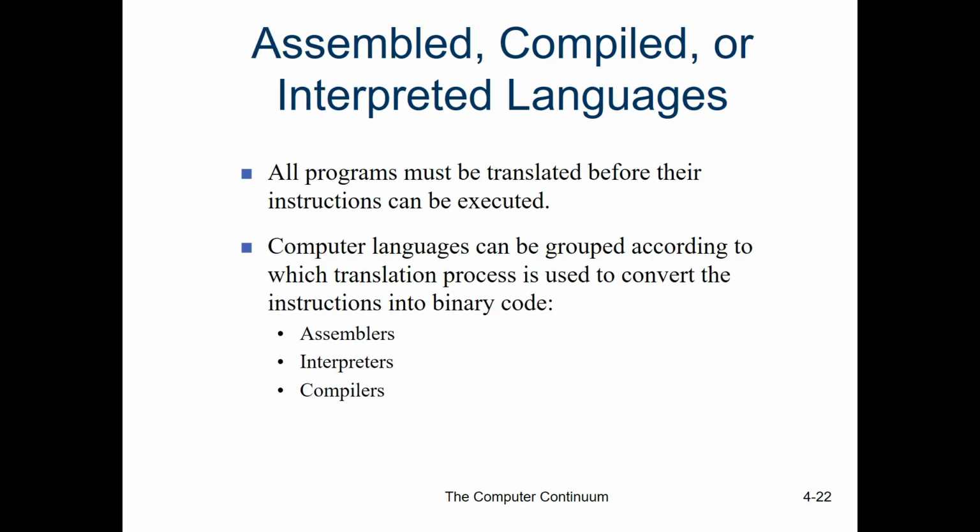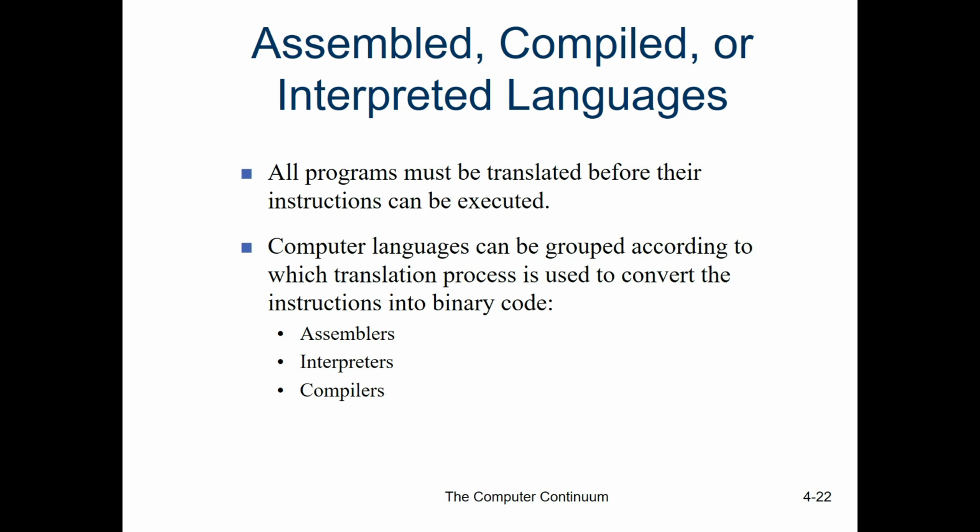All right, then assembled, compiled, or interpreted languages. There are basically three types of languages. Compilation is a very different concept in itself, assembling is a different concept, and interpreting is also different, but they are doing the same job: they convert programming languages into binary code.